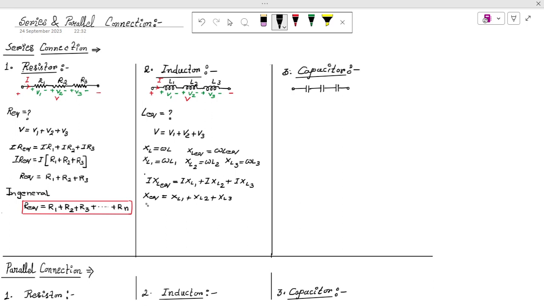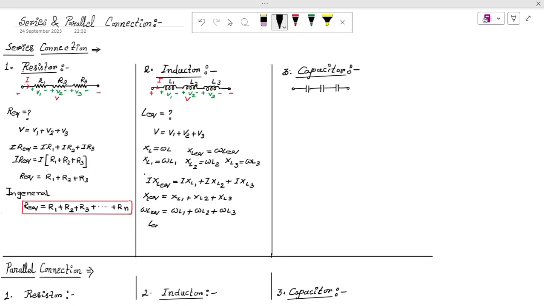And you know XL equivalent is equal to omega L equivalent, omega L1, omega L2, omega L3. So omega will be cancelled as before.